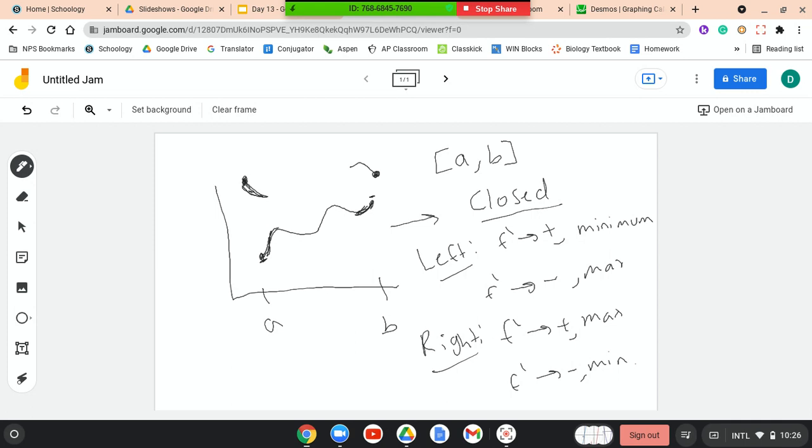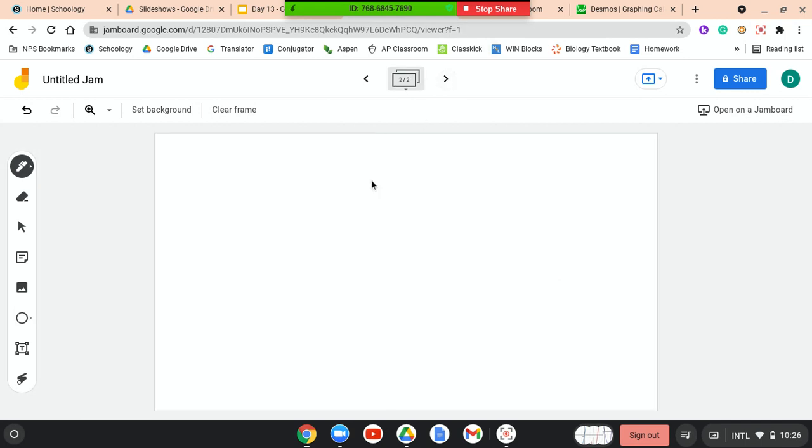So yesterday when we were talking about endpoints, we were mostly considering endpoints to a function's domain. I need to quit math and learn how to draw my axes. But yesterday, when we were considering endpoints, we were considering endpoints to a domain.